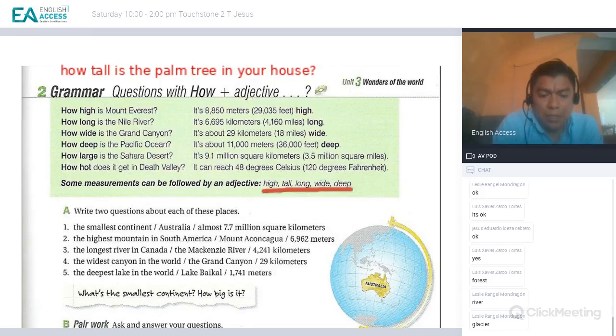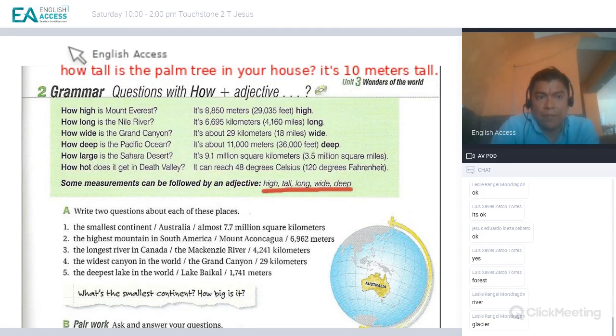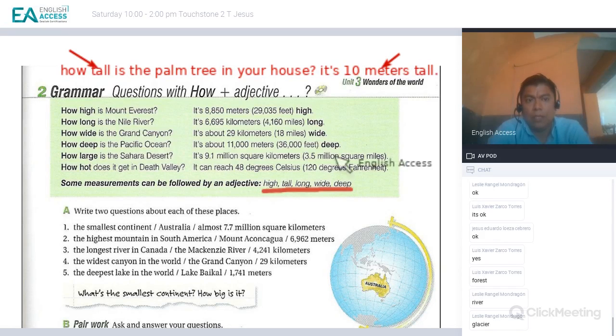You can say it's 10 meters, and the adjective is tall, right? Because we're using the adjective tall, correct? So we have here tall, so we use tall, okay?